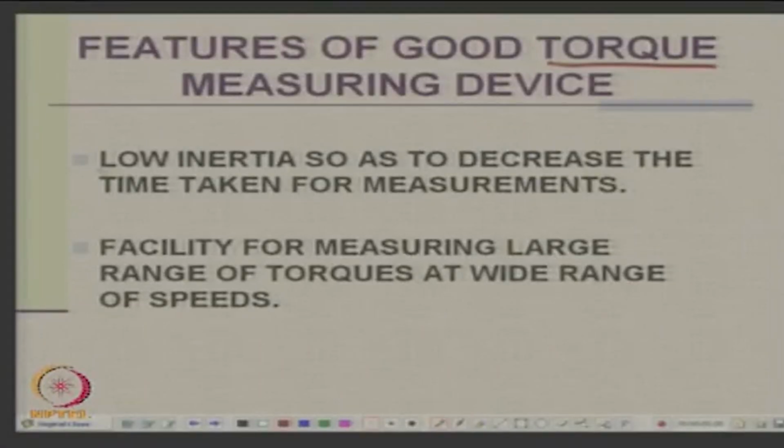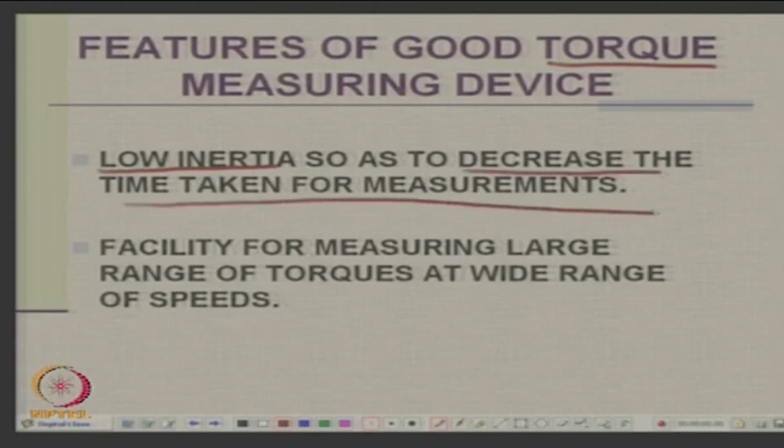Then for good torque measurement, you require a low inertia, so that you decrease the time taken for measurements. You require a low inertia system, and a facility for measuring a large range of torques at a wide range of speeds.